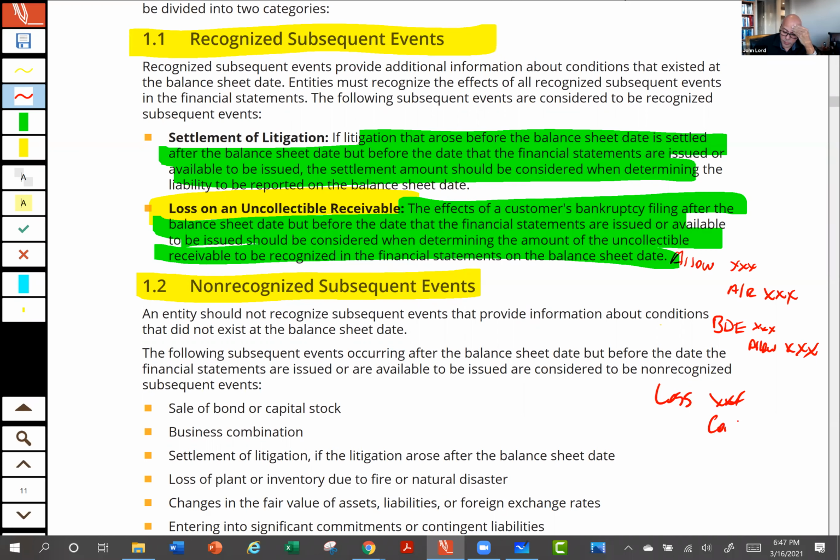Contingent liability. Because again, that lawsuit existed at the balance sheet date, even though we didn't get the full outcome until after the balance sheet date and before we issue the financial statements, then we have to make that adjustment.